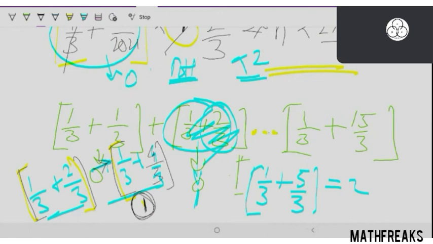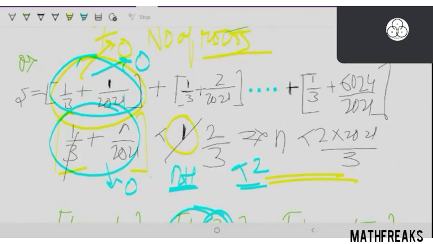This is 4 by 3. But when we get this case 1 by 3 plus 5 by 3, this will be 2. Now find out for how many terms this will be 2, then for how many terms this will be 3. In the very similar approach, solve this question. This is an easy question, easiest question. If you can't solve this kind of question, Olympiad is going to be a difficult thing for you.